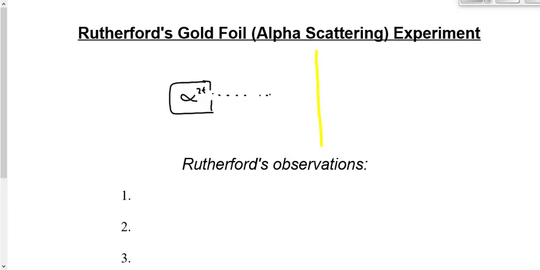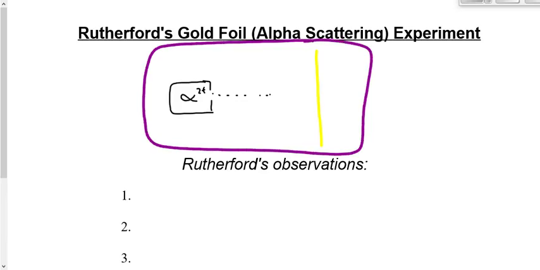So Rutherford and his assistants fire these alpha particles at this gold foil, and they surround the whole thing with a screen called a scintillation screen that glows when alpha particles strike it. You don't need to know that word, scintillation. It glows when these alpha particles strike it. So we're able to determine where the alpha particles strike the screen.